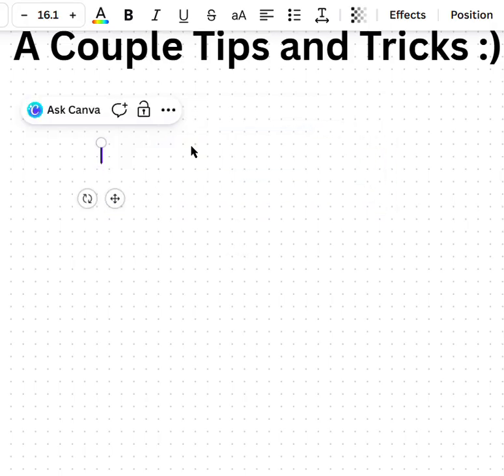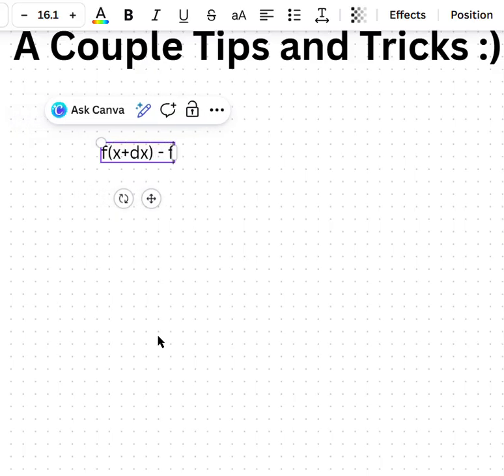The reason this happens is that when we go back to this part, which is f of x plus delta x minus f of x, whenever you're adding or subtracting a constant in that function, that constant isn't affected by the x variable because it doesn't depend on it. So when you subtract f of x, you're subtracting that constant away, so that constant just disappears.